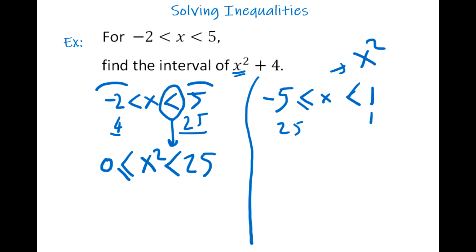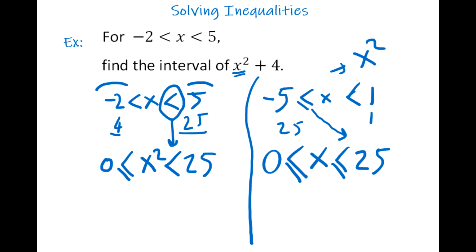Which one is greater? 25. So just write the bigger one on the right, 25. And here, because there is an equal symbol, that symbol is going to come over here. And then put here x squared. Always the left side is 0, guys.